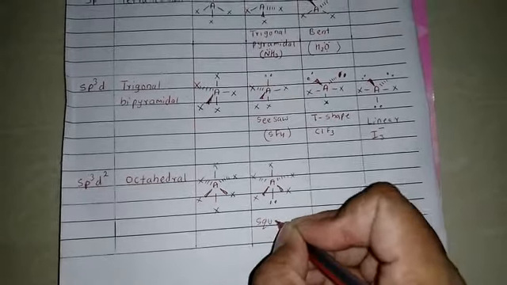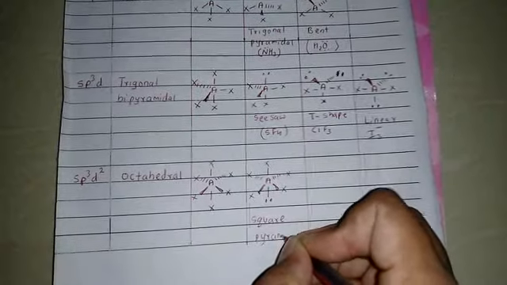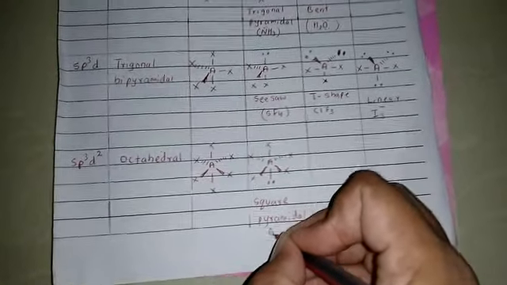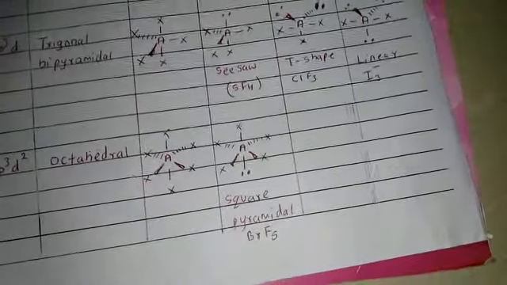The structure is called square pyramidal. The best example for this is BrF5.